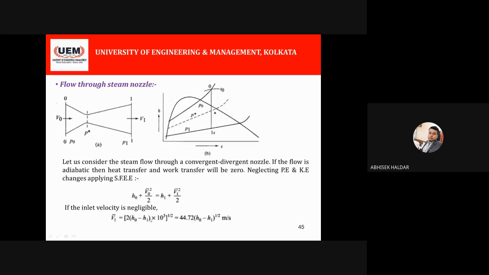You can see in our books also 10 to the power 3 is multiplied, for that reason. Ultimately we get the velocity in meters per second. Keep this 44.72 in your mind, because this equation may have to be used several times in any problem. This 1000 and this 2, that means 2000, if you take the root, you will get 44.72. So the equation is V1 equals 44.72 times the square root of (H0 minus H1), in meters per second.